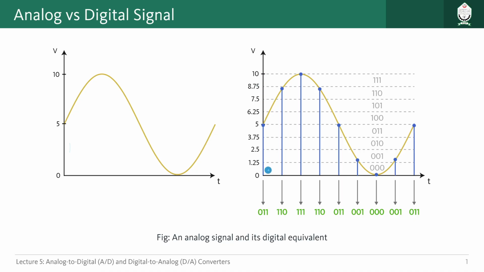So how many do we have? 1 2 3 4 5 6 7 8. So we have divided into 8 different portions, and each of them has a length in the vertical direction of 1.25 volt. Whenever a sample signal resides between these particular states, we will take that as a particular state. So we have quantized states instead of the continuous state.